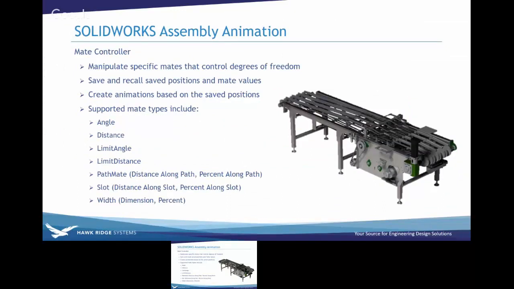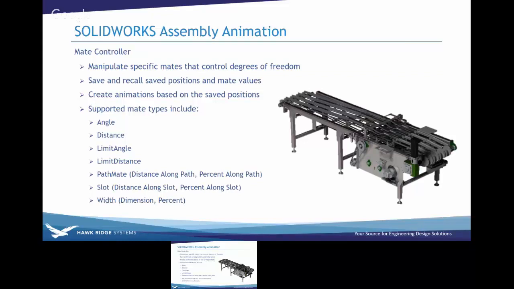But before we get to animations, let's take a quick look at the mate controller, which is another utility you can use to animate or move your components around, moving an assembly into various positions. There are specific mates you can manipulate with the mate controller, listed down here: angle, distance, limit distance, path mate, slot, and width.